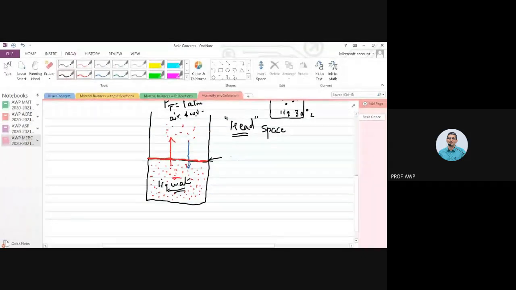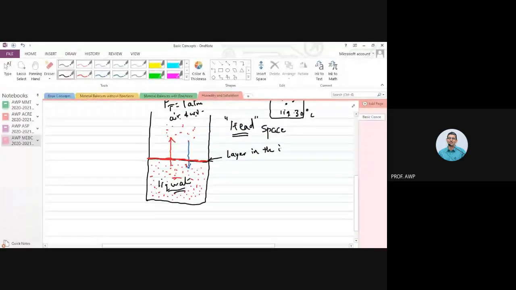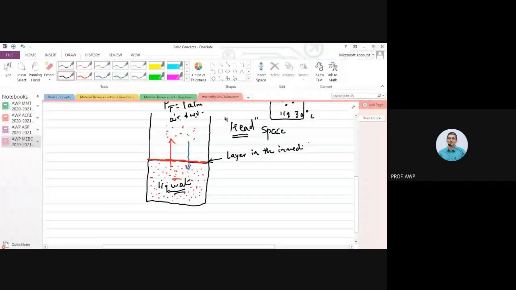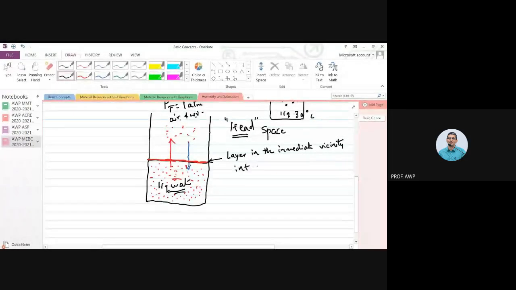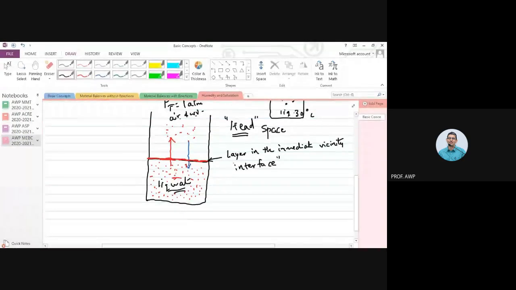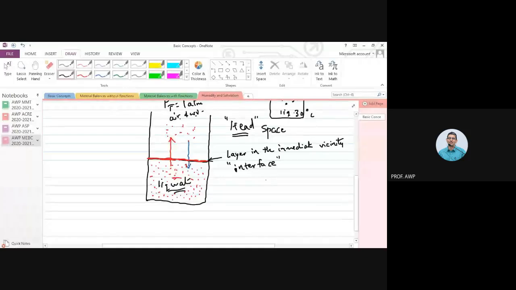So this layer in the immediate vicinity, we call this as interface. It is an interface between liquid water and the air above it.